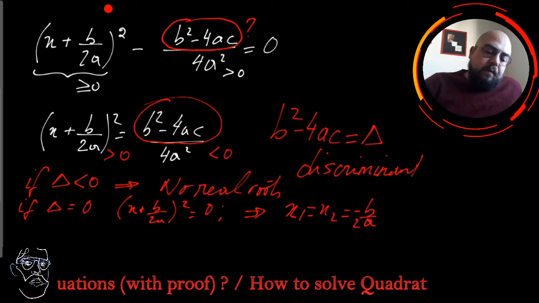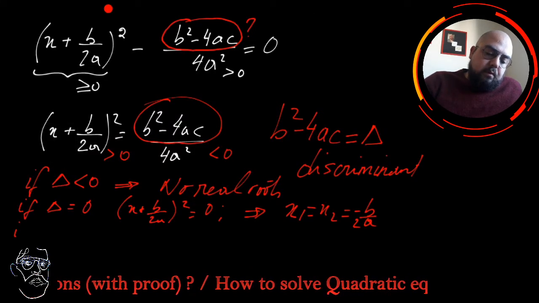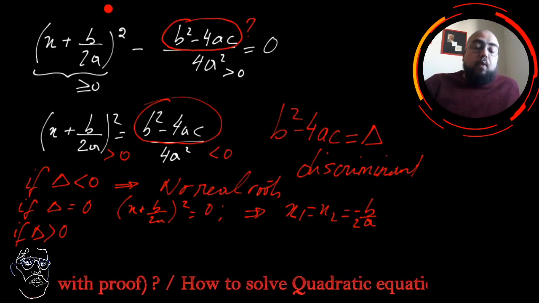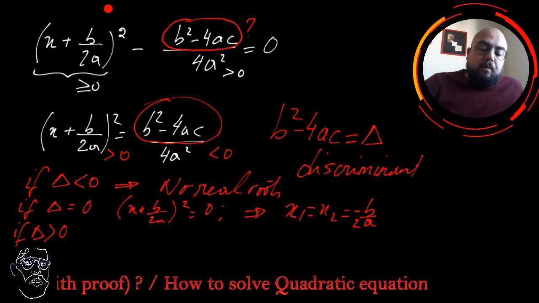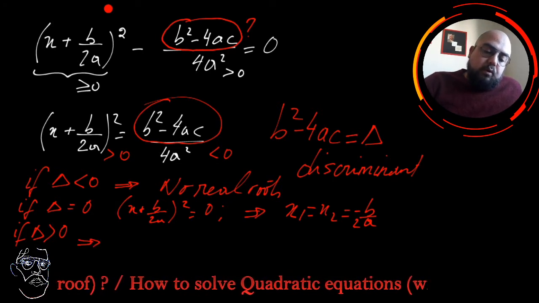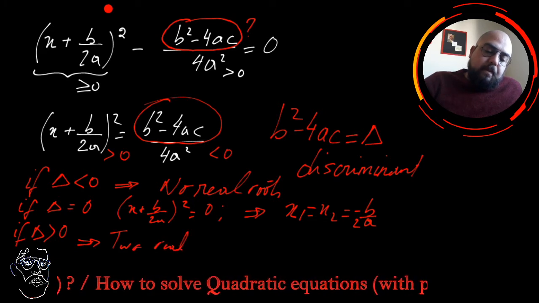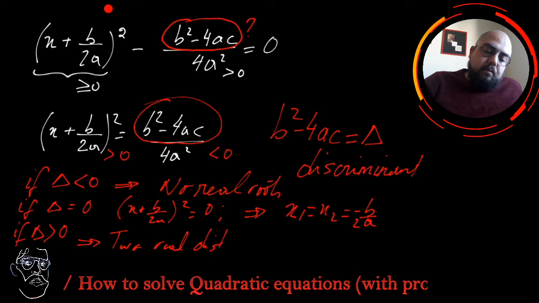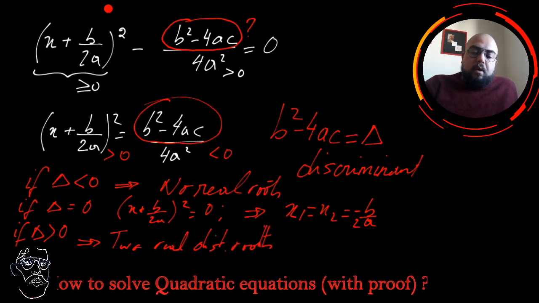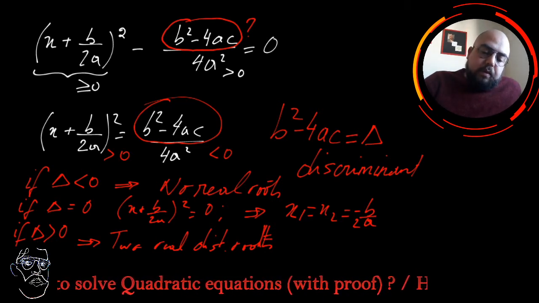Now what happens if delta is positive? In this case, we will have two real distinct roots. How am I supposed to find the value of each root? I'm going to take you through that step also.